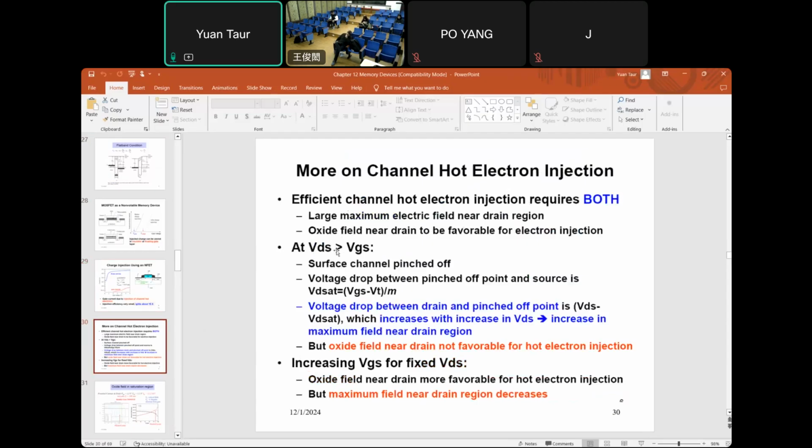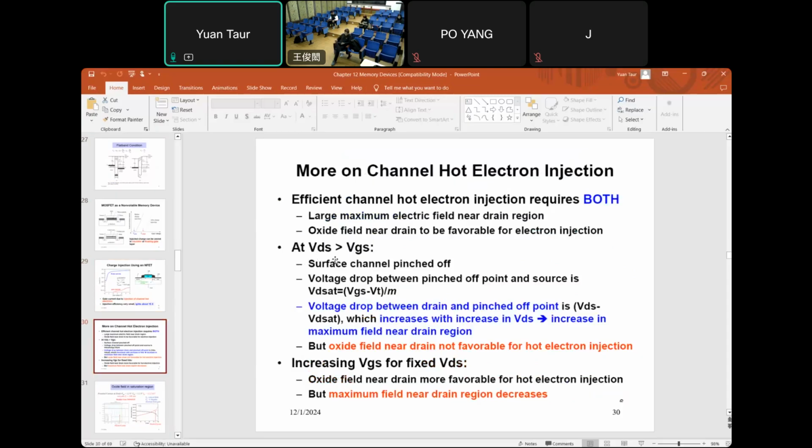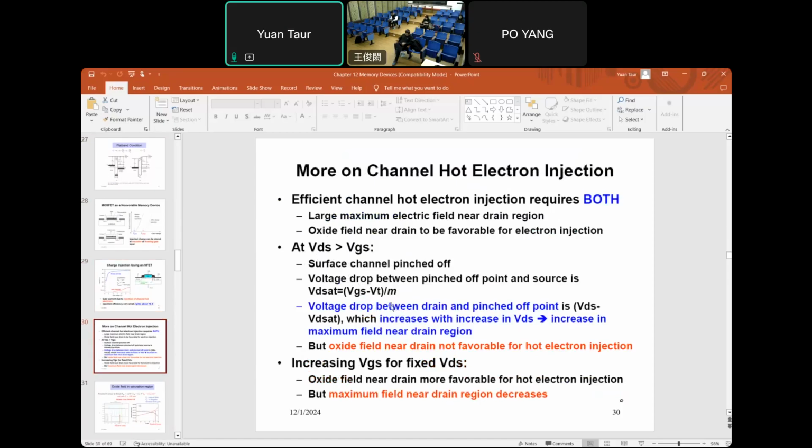Now, if you apply a very high VDS, okay, this is for a fixed VDS, but changing as a function of gate voltage. We need the VDS to be high so that you have a large lateral field for the electron to attain a high energy.